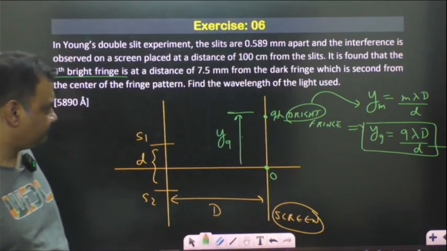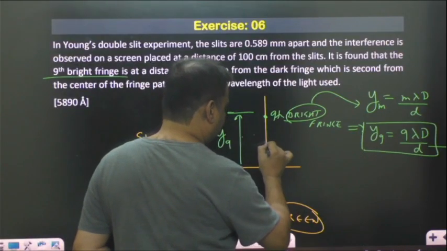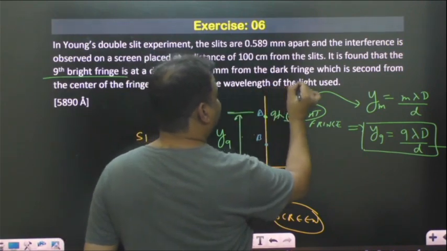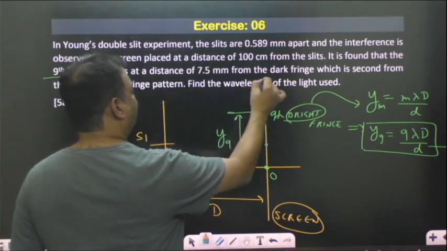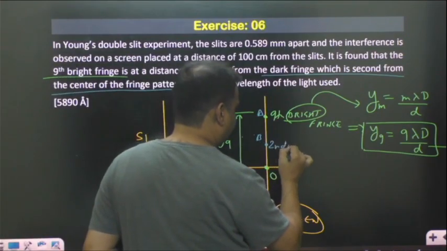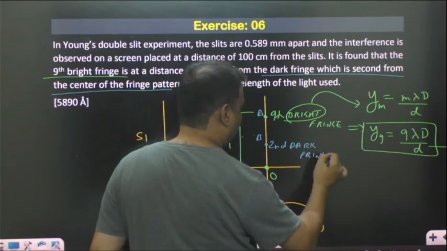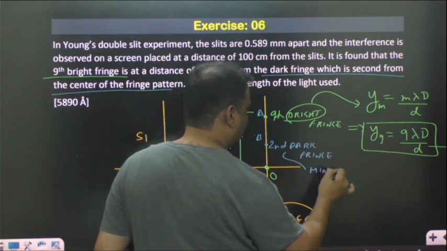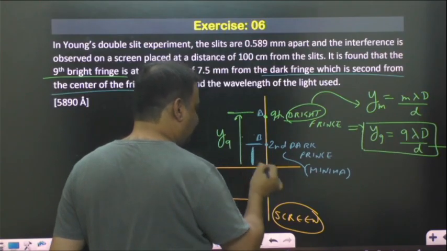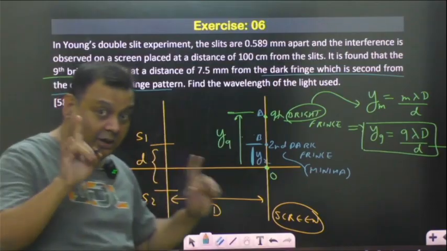Got it? Now say we have another point on the screen. This is point A and this is point B, and this is the second dark fringe. Dark fringe means minima. Second dark fringe, that is minima, and say its coordinate or position from the center of the screen is y2. Remember, this is minima.